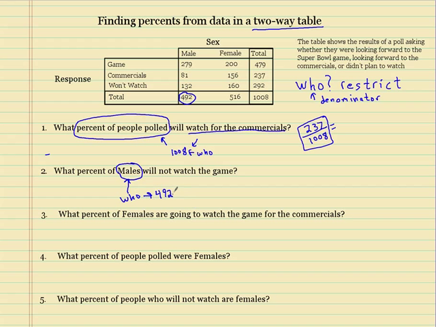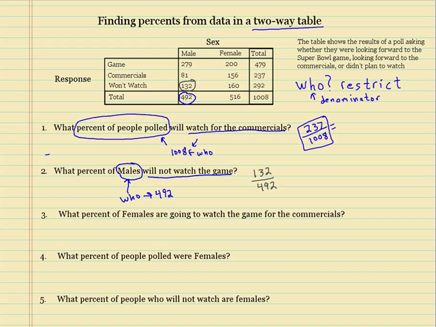Now out of these 492, how many will not watch the game? So out of the males, won't watch. This is the column percent. So this answer is going to be 132 divided by 492.